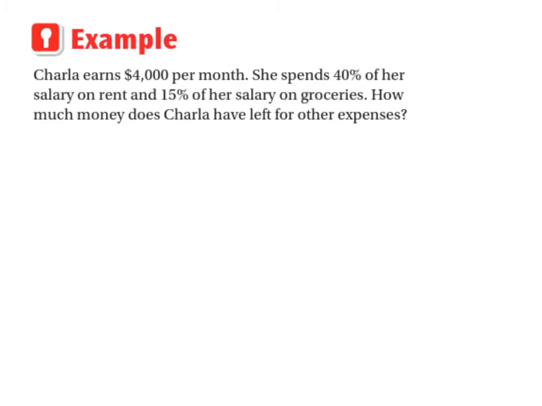So let's see. She has $4,000, and we want to know how much is left. This is what I'm going to do first. 40% for rent and 15% for groceries.